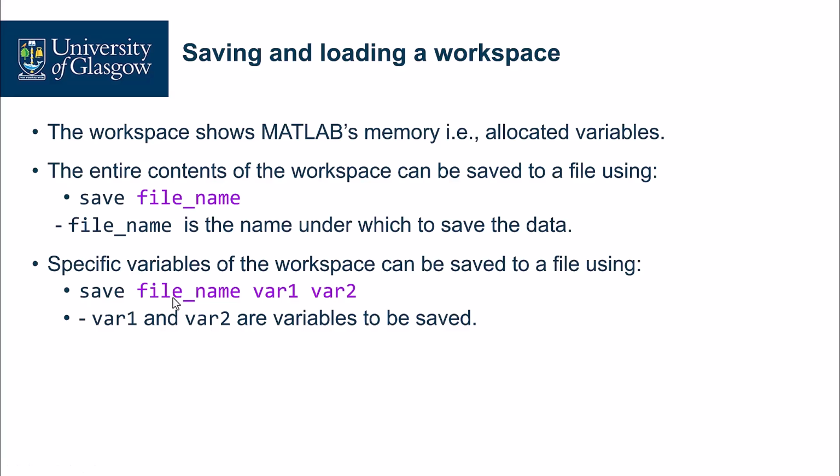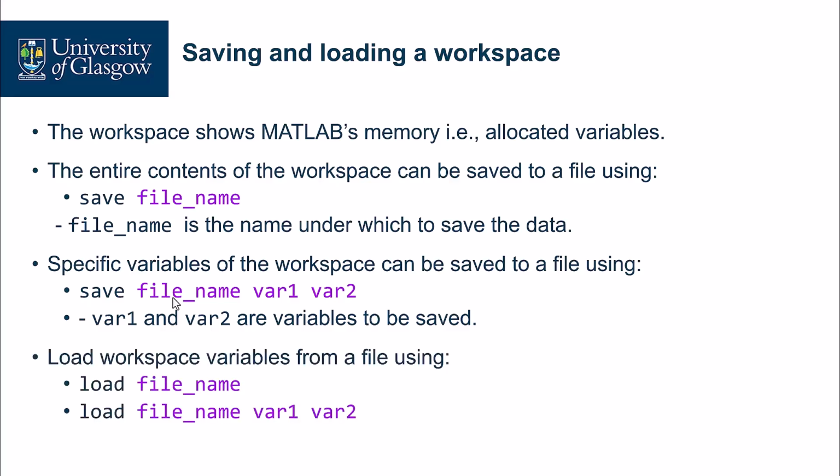When you have saved some variables in a file, you should be able to load it anytime you want. We can load the workspace using load file name, or if you want to load particular variables, load file name var1 var2.